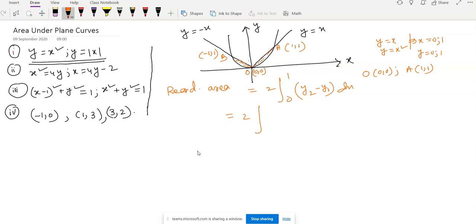This gives us the integral from 0 to 1 of x minus x square dx. By solving it, we have x square by 2 minus x cubed by 3, from 0 to 1, which is half minus 1/3. The answer will be 1 by 3 only.